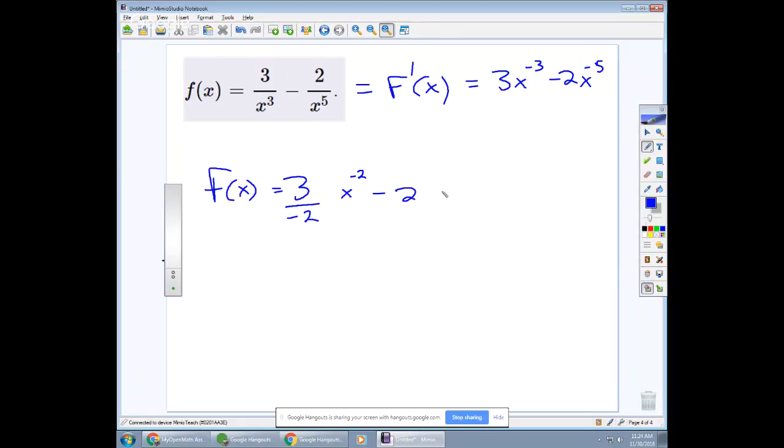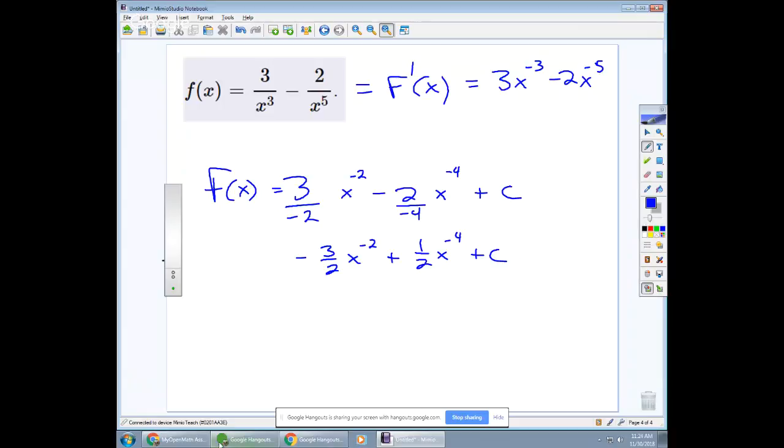Minus 2 times x to the negative 4, and then we'll throw a negative 4 underneath there. Now there is technically a plus c chilling out there. We'll deal with that in a sec. Cleaning this up first, I would call it negative 3/2 x to the negative 2 plus 1/2 x to the negative 4 plus c.